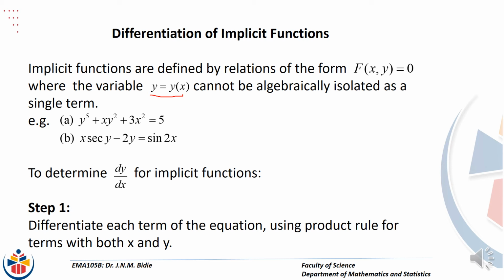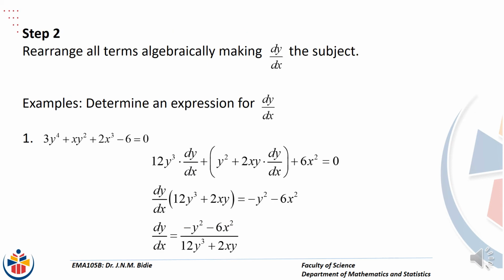Hence, the first step is to differentiate each term of the given expression and then use the product rule for all the terms that have got both x and y. Second step, you rearrange and make dy over dx the subject. Let's quickly go to examples.